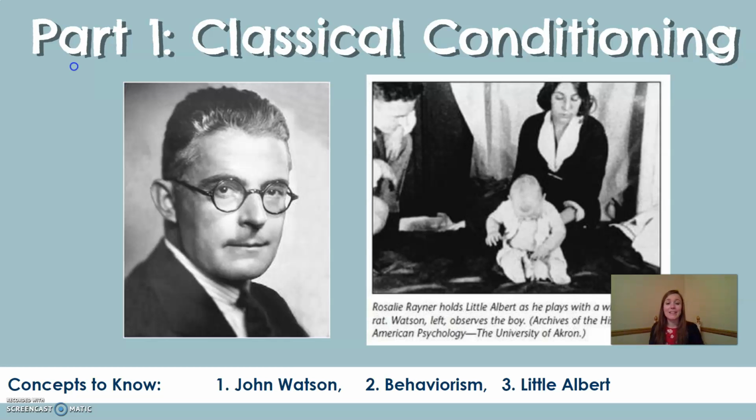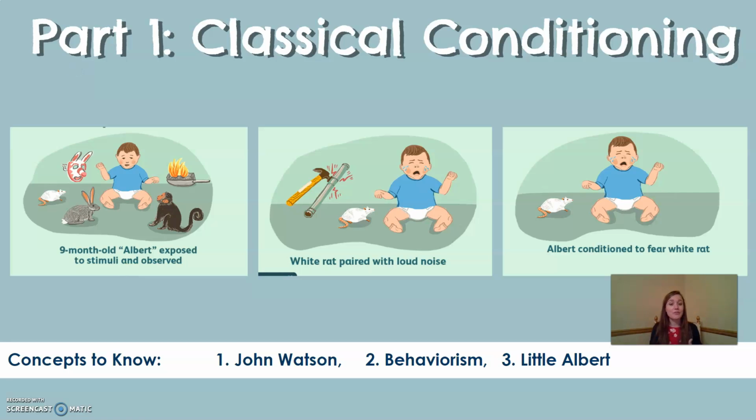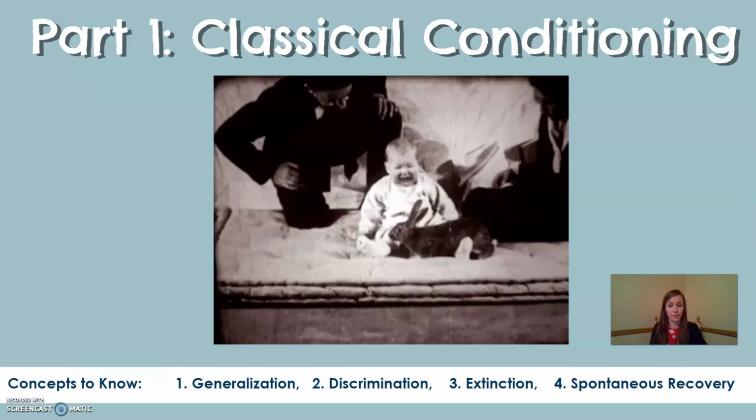And he also realized several other aspects of this. So first you can see this was kind of the method of what occurred, that he realized Albert could be conditioned to fear a white rat, but he also realized that Little Albert would generalize. So once he conditioned Albert to fear the white rat, he wanted to see, would Albert also be afraid of things that are similar to the white rat?